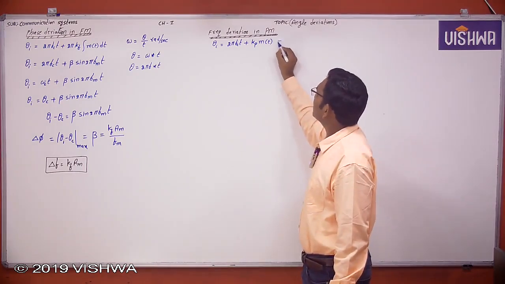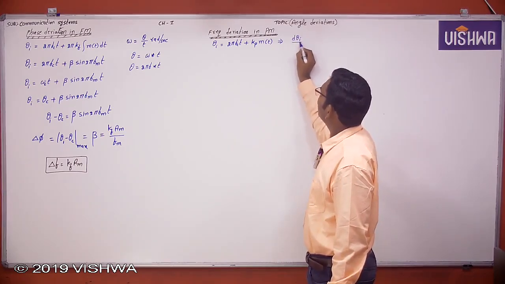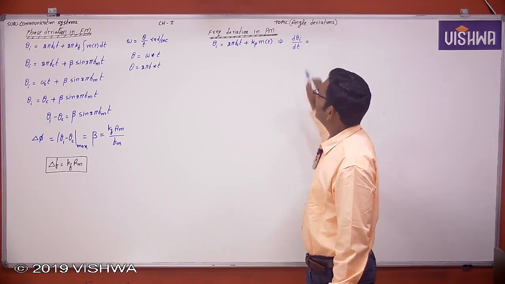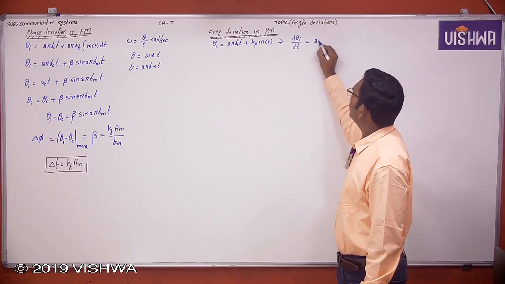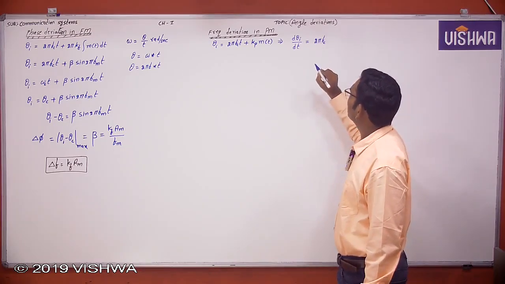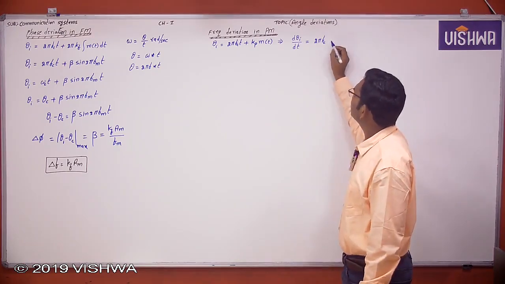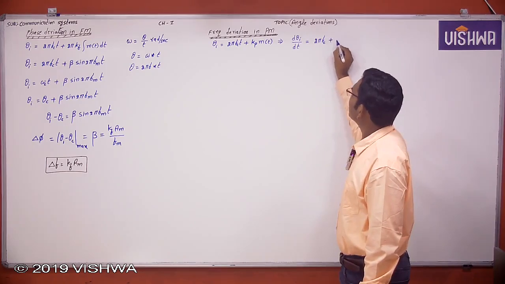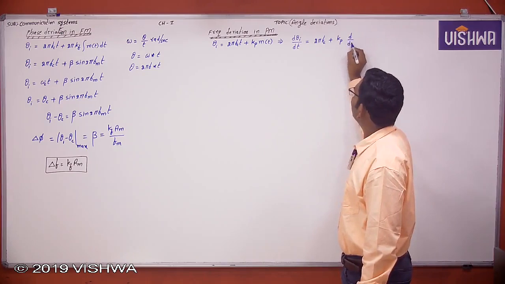Now can I write like this: d theta i by dt is equal to 2 pi fc plus kp into d by dt of m of t.